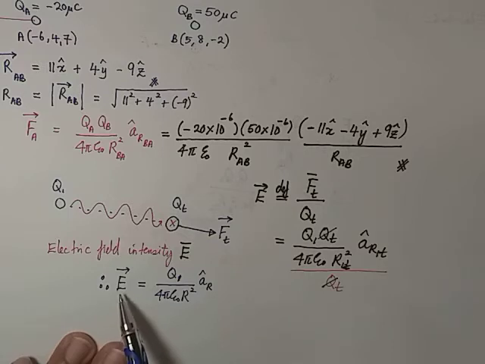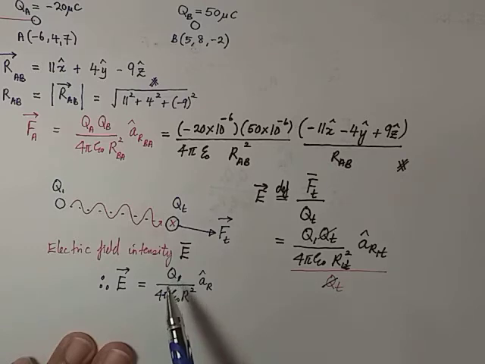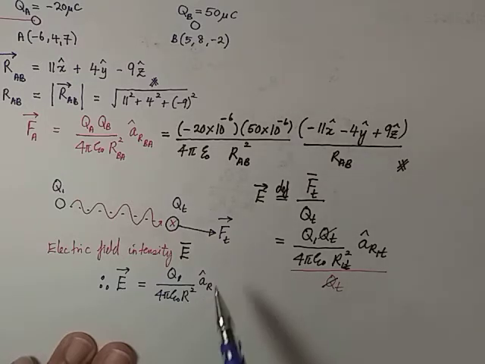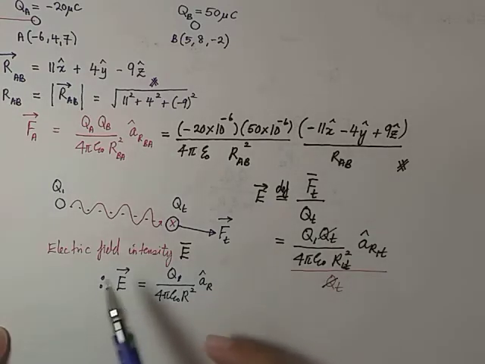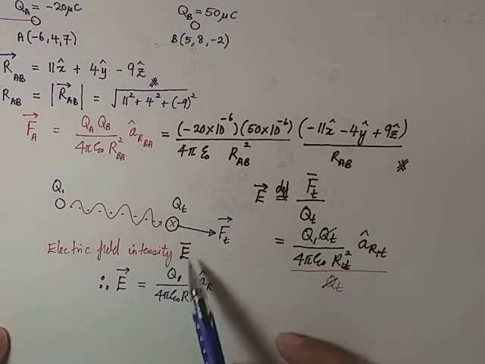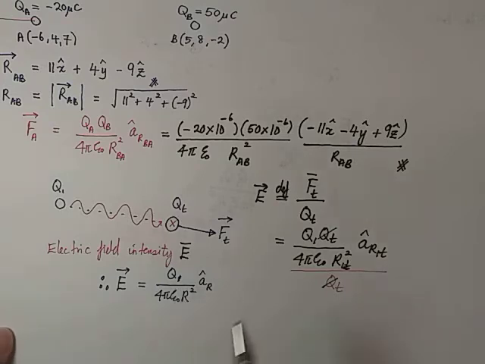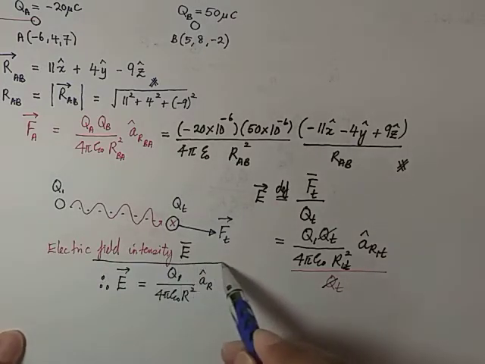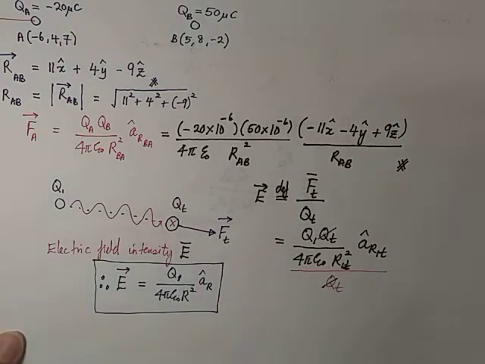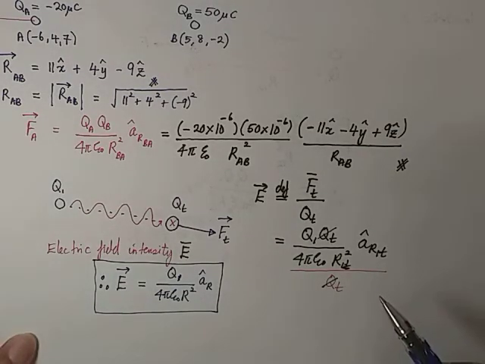So the field is generated by this source, this Q, some distance away in this direction. This should be our concern equation for finding electric field due to a point charge. This is what we call our building block equation, Coulomb's law equation to find electric field intensity due to a point charge.